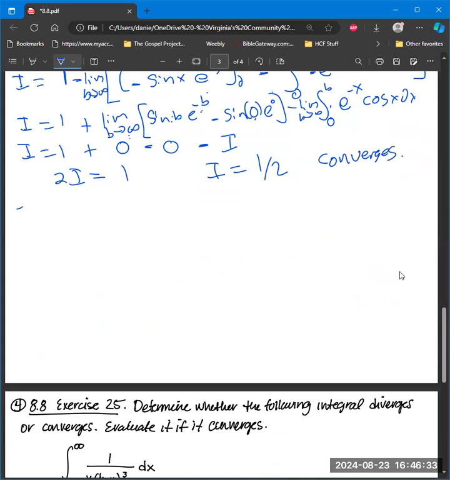Alternatively, we didn't talk much about using tables, but you can have the integral from 0 to infinity of e to the negative x cosine of x dx.